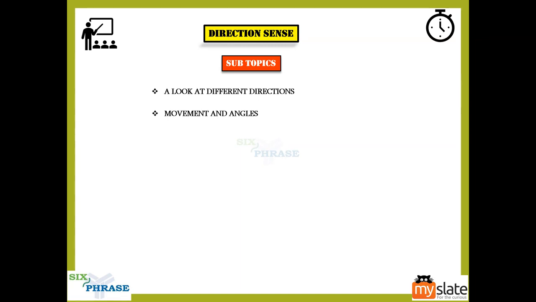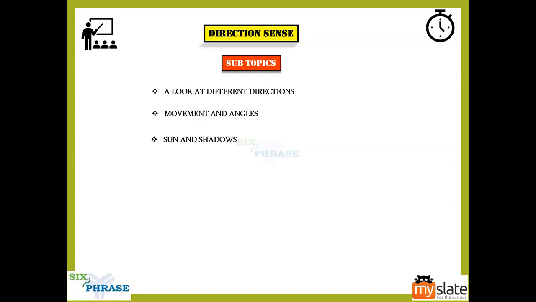To put it simply, your movement and angles depend on the direction which you are facing. So I cannot tell you what clockwise is, what anti-clockwise is, if you do not know which direction you are facing. So all this comes under movement and angles, so we'll take a look at all those in detail.